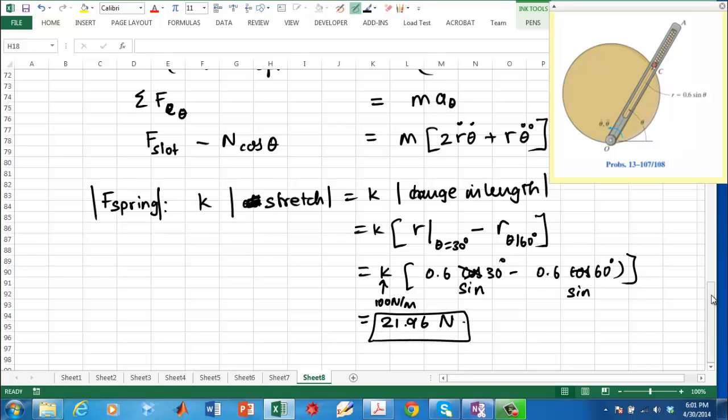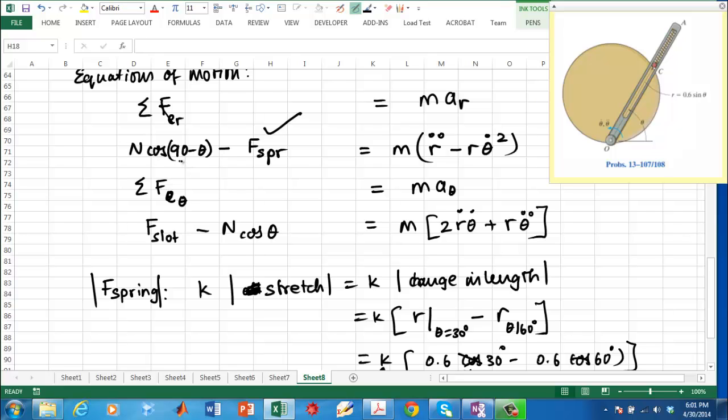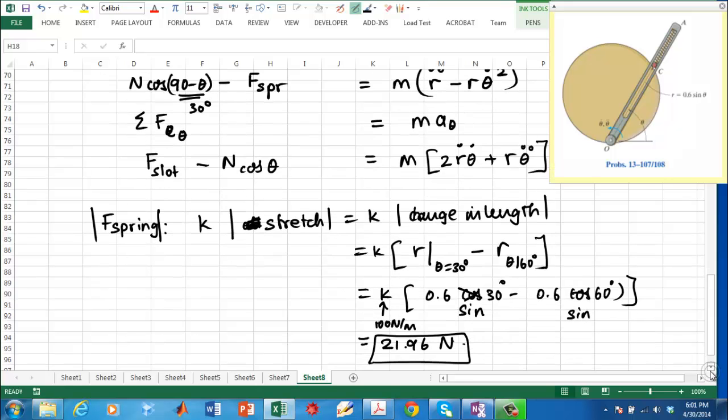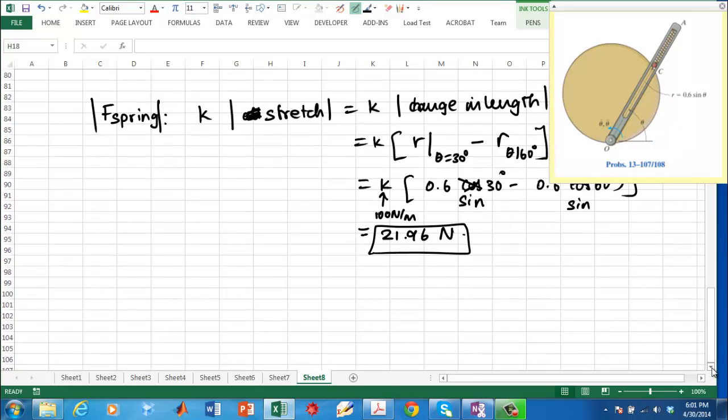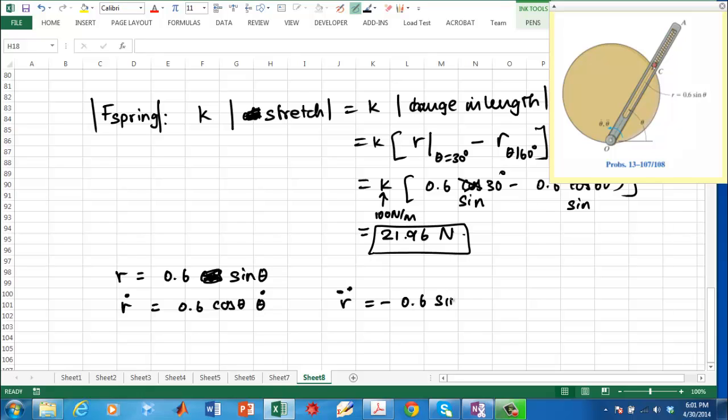So we know this, and we know 90 minus theta is 30 degrees because theta is 60. Now we have to calculate r double dot and r theta dot squared. r is 0.6 sine theta, so r dot is 0.6 cos theta times theta dot. r double dot is minus 0.6 sine theta theta dot squared plus 0.6 cos theta theta double dot.